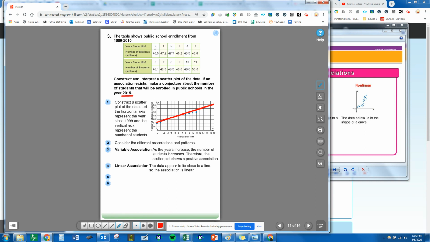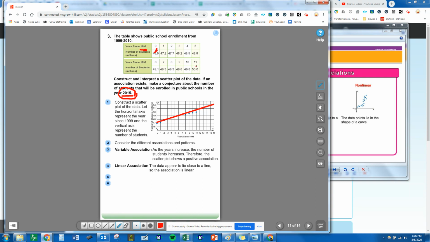I notice that year 0 was the year 1999. So they started the graph at 0, 1999. And what I want to know is how many people would they predict in 2015? So if that's 1999, I can number up 2000, 2001, 2002, 3, 4, 5, 6, 7, 8, 9, 10.